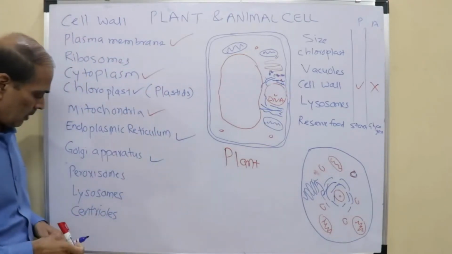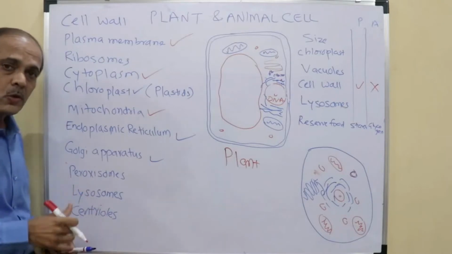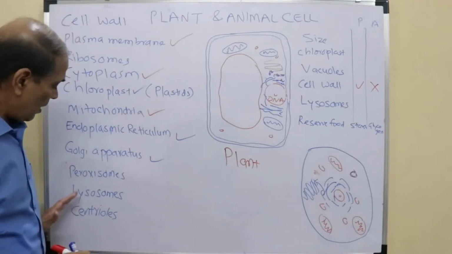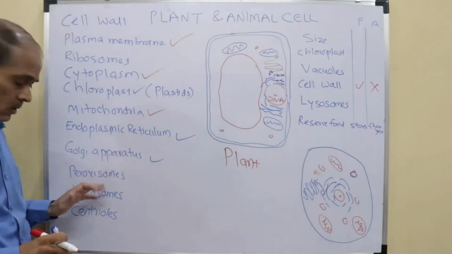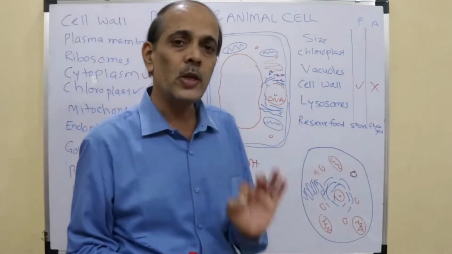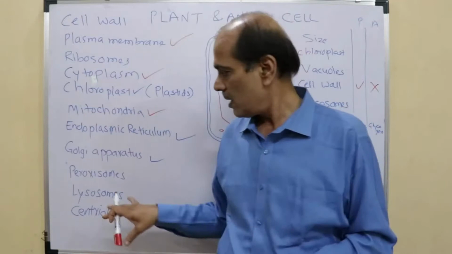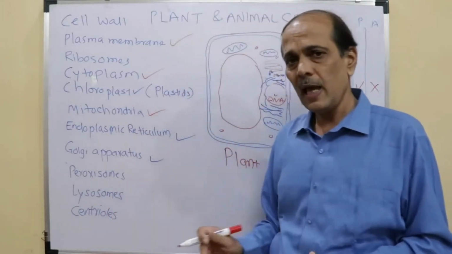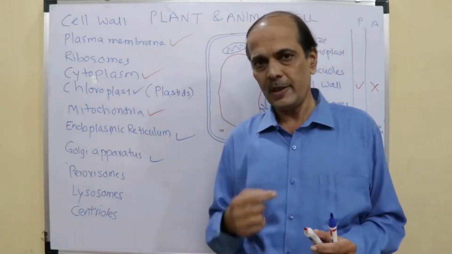I will go for something which is exclusive in animals. Peroxisomes or lysosomes. These are some organelles which are unique to animal cells. Peroxisomes particularly do one specific thing.